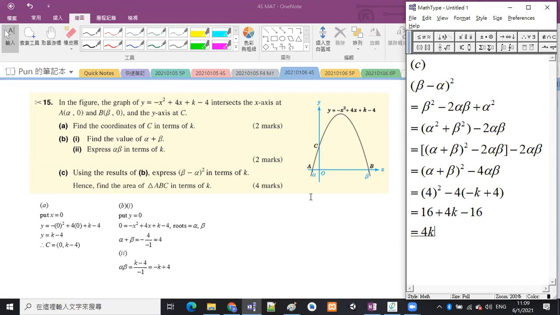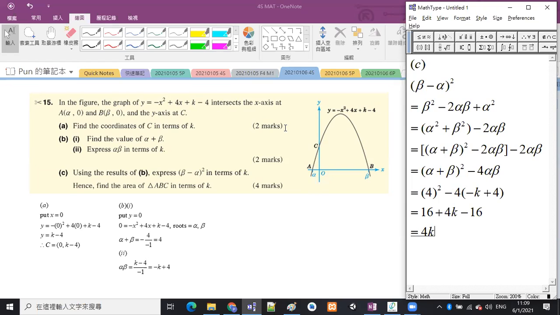Okay, so this is part C, and we still have the hence part: find the area of triangle ABC in terms of k.